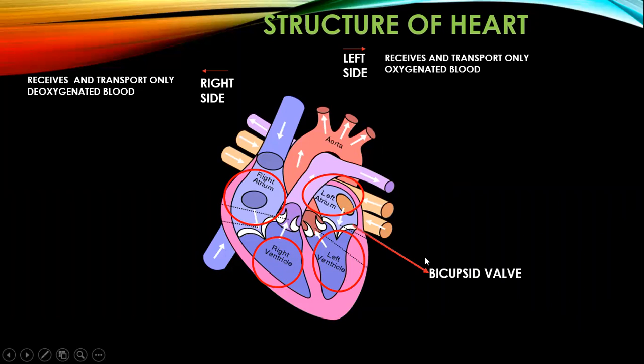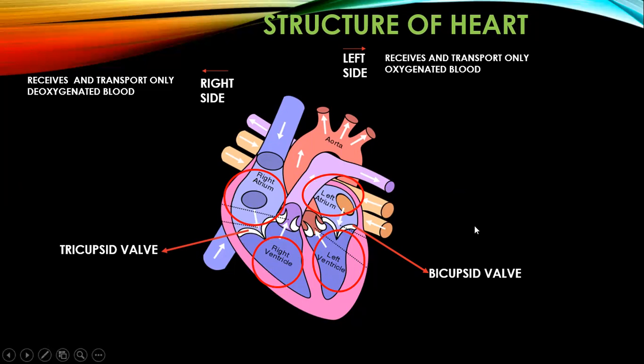Now we have a valve or flap-like structure which is present between the left atrium and the left ventricle, called the bicuspid valve. Similarly, we have another valve-like structure, a flap or gate, present between the right atrium and the right ventricle.